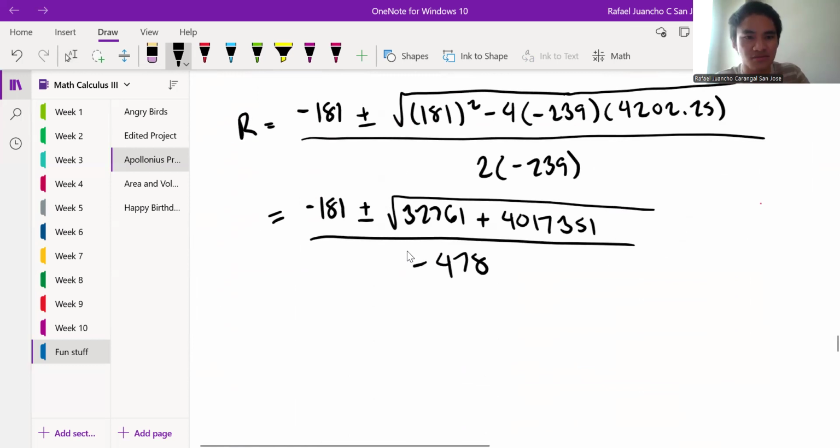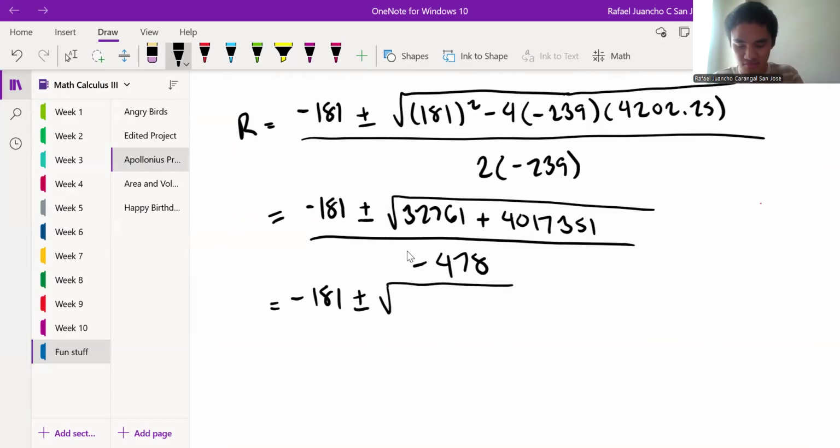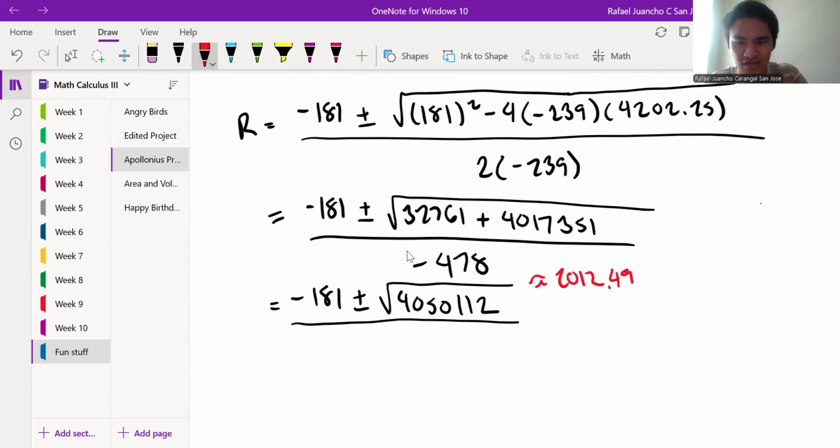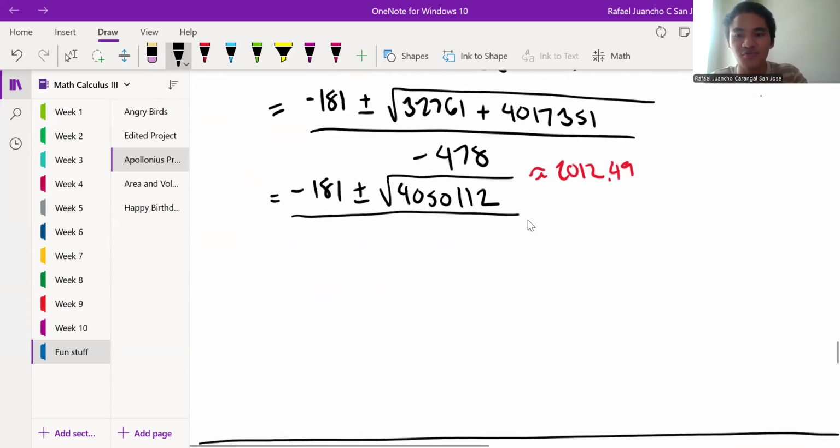Okay, I think I can get this one to work. 405011 2. Doesn't look like a nice number though. Square root of that, is that like a nice number? It's not. It's like 2012.49-ish. I'm just gonna put that just in case.